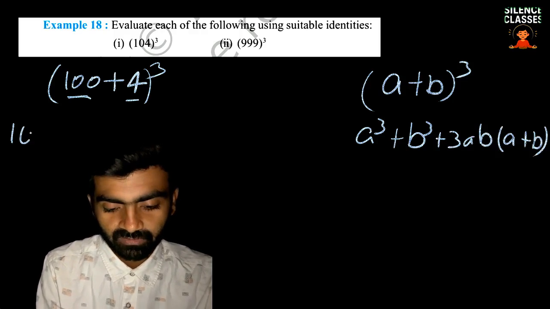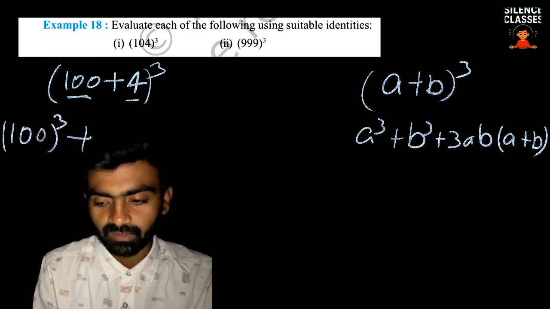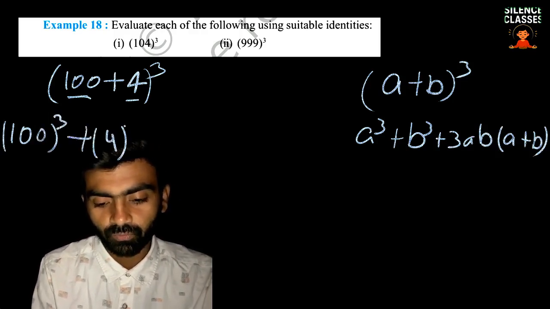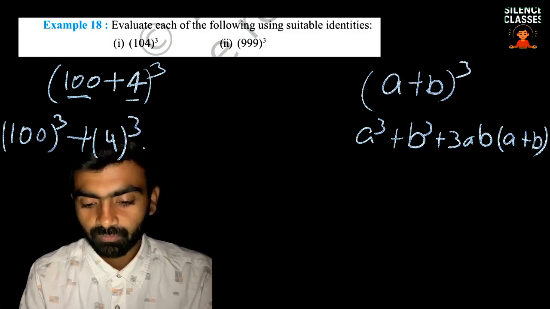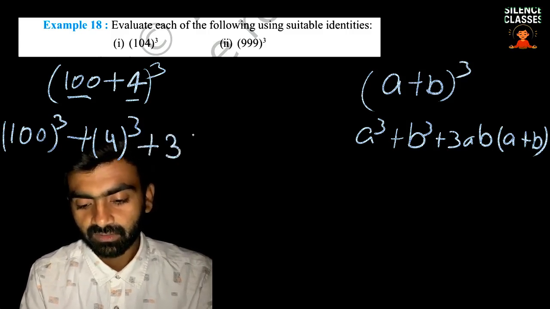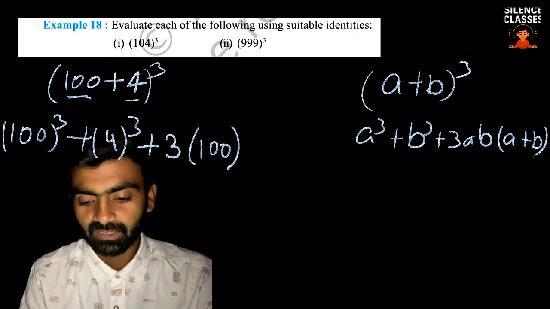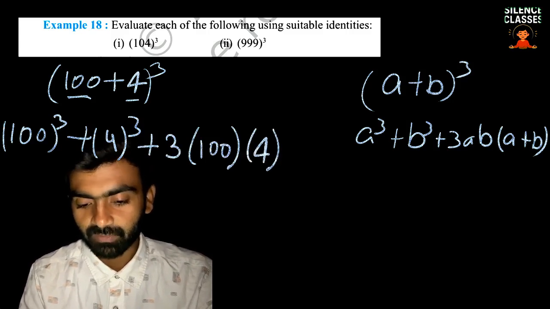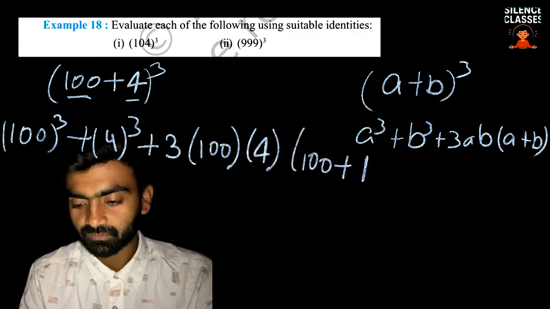A is 100, so 100 cube plus b is 4 cube, plus 3 times a is 100, b is 4, times a plus b, means 100 plus 4.